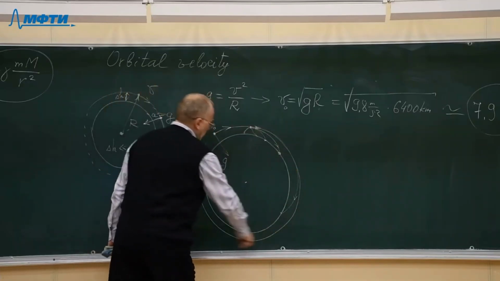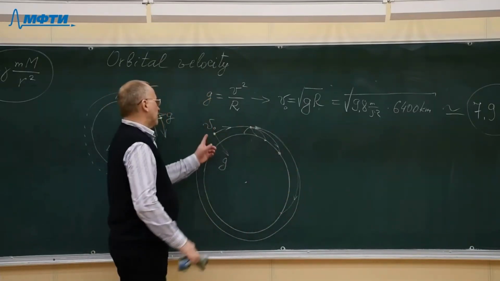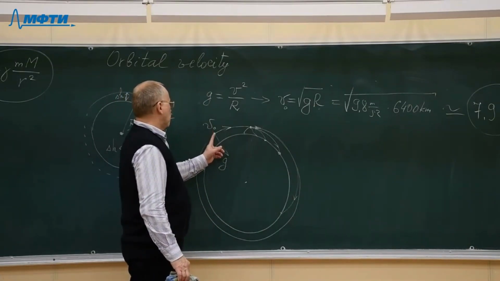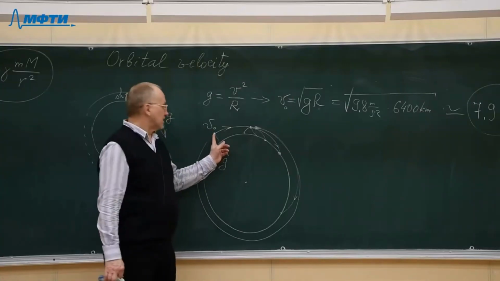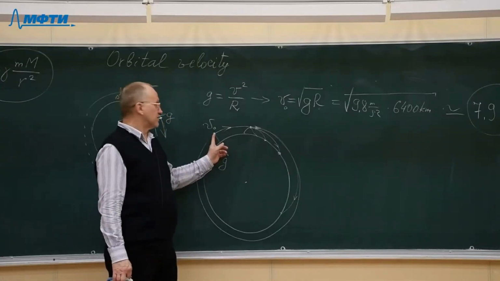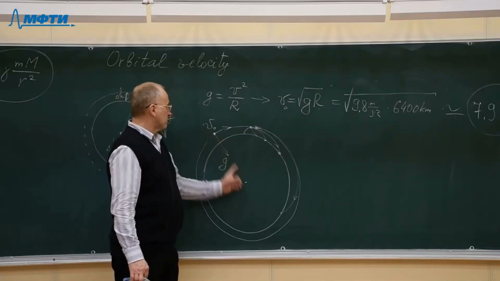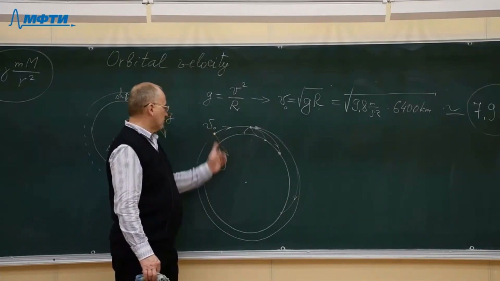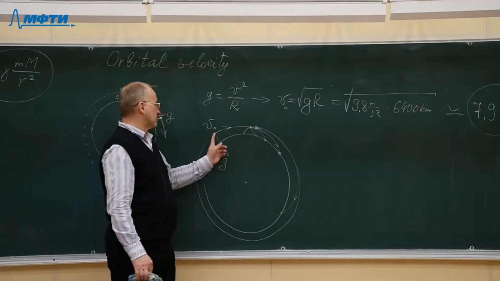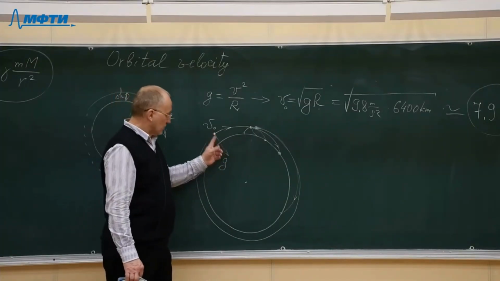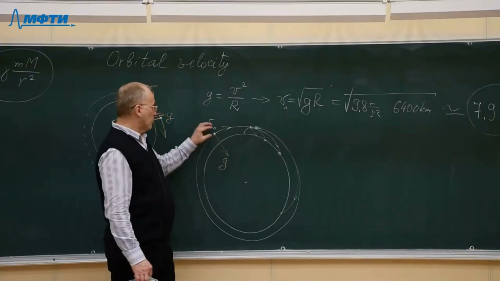That is why people say that every object inside the satellite is falling down on the planet with the free fall acceleration, and the satellite itself falls down with free fall acceleration, and all the objects inside it.